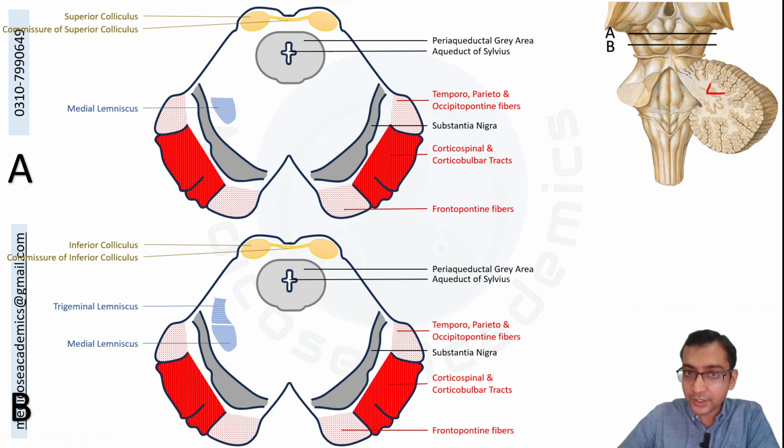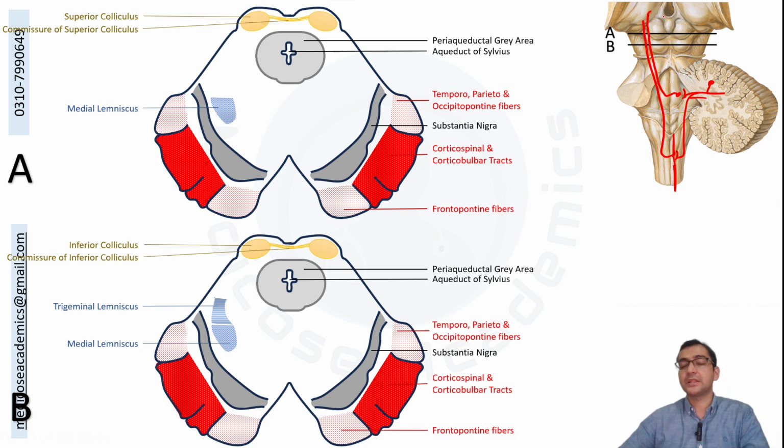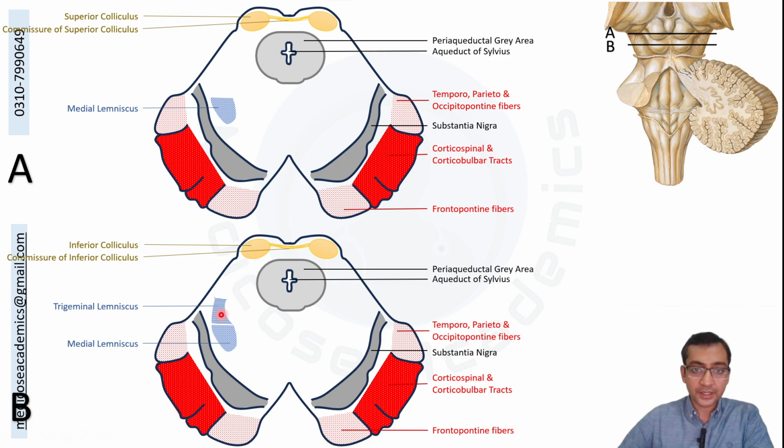The entering fiber of the trigeminal nerve enters here, and some synapse on the main sensory nucleus, some go down and synapse on the spinal nucleus, and the fibers coming from these cross the midline and move up, and these make the trigeminal lemniscus. So you can see it right here.